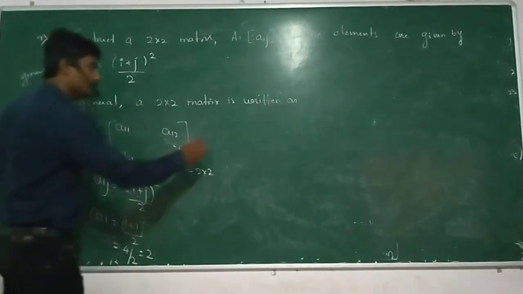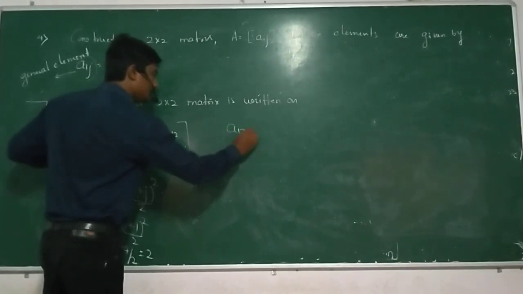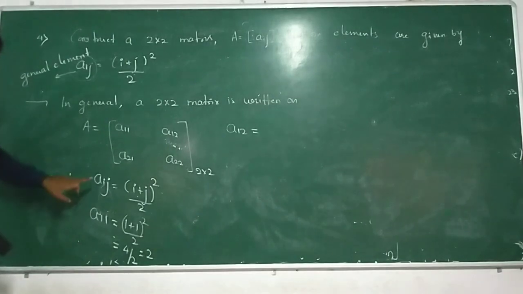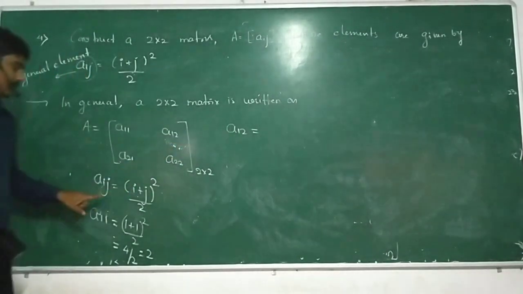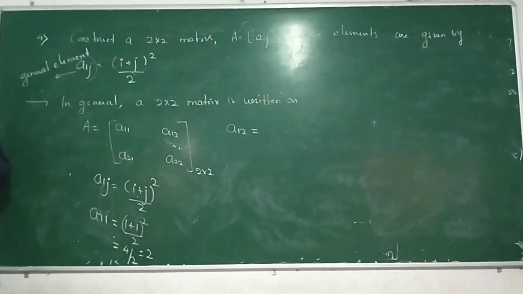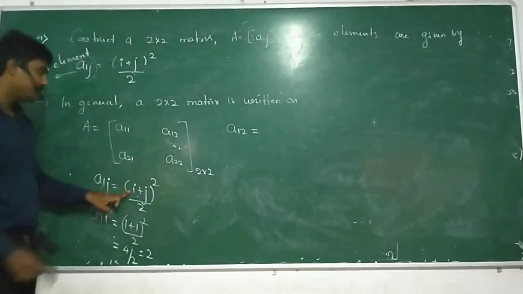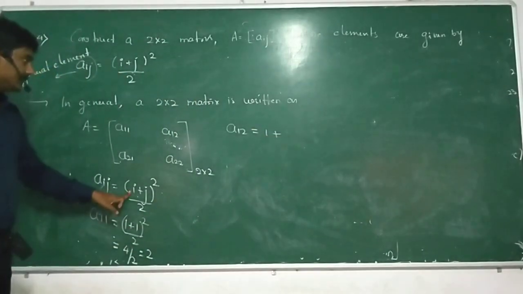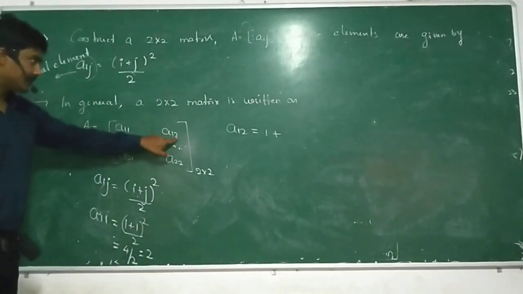Next, A12. To find the element A12, in the general element definition given to you, put i value as 1 and j value as 2. In the place of i we will write down 1, in the place of j we will write down 2.